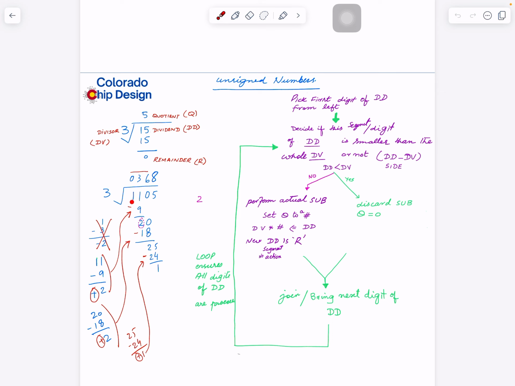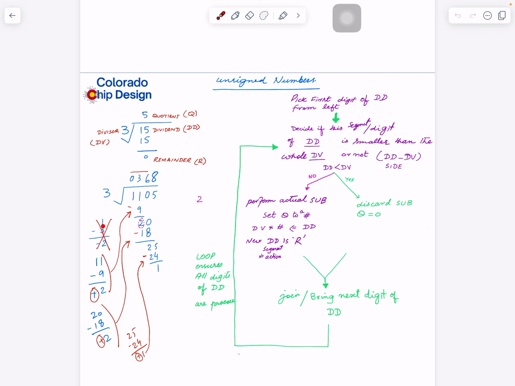What we do is, here all I put is: is this segment or digit of DD smaller than the whole DV? If it's not, in this case it is, it's 1 and it's 3. So basically, instead of checking whether it's smaller or not, we actually do a side division.